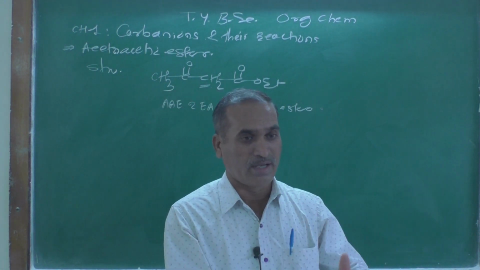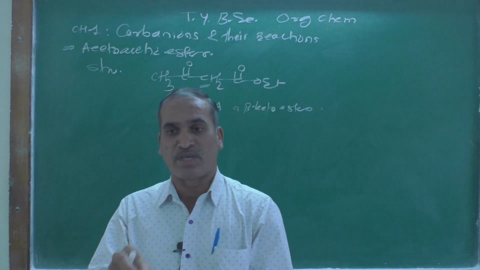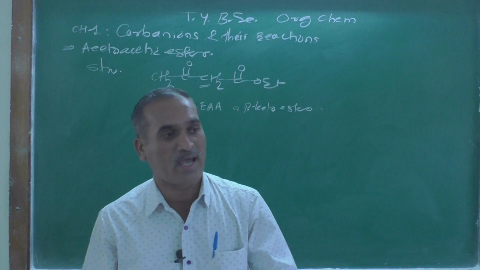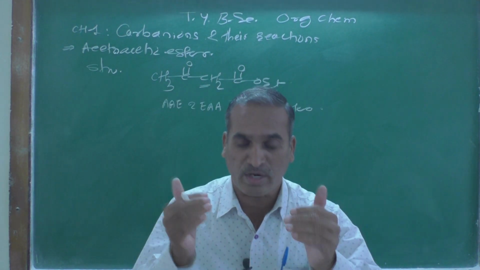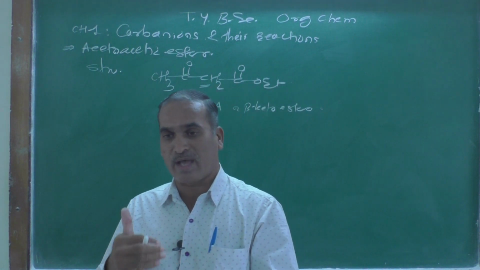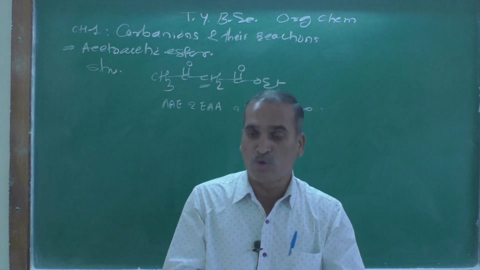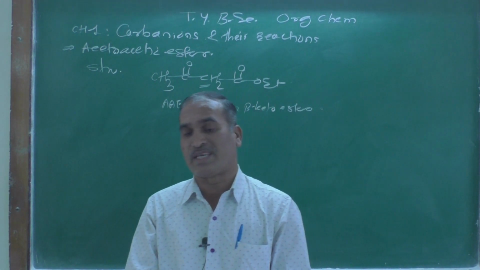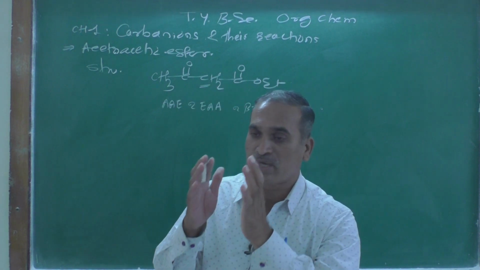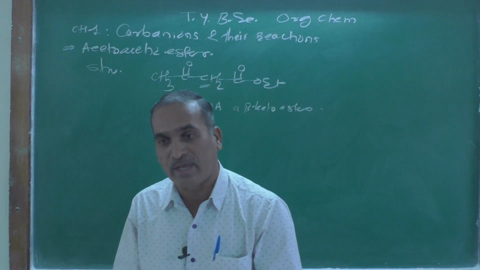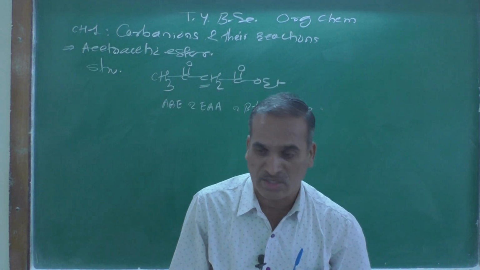He prepared that compound in the laboratory for the first time, and therefore it is known as the Claisen ester condensation reaction. What starting material did he take? Two molecules of the same compound, ethyl acetate, treated with sodium ethoxide, and the resulting product is ethyl acetoacetate.